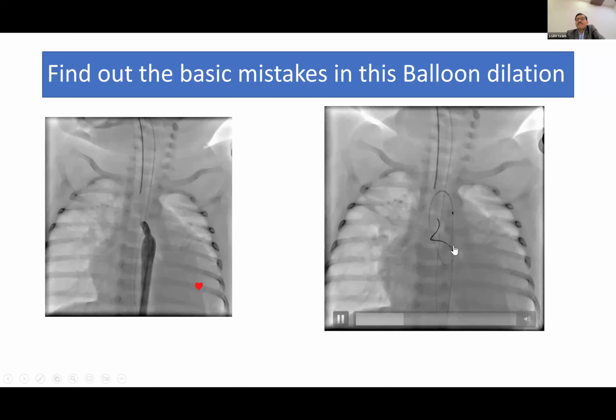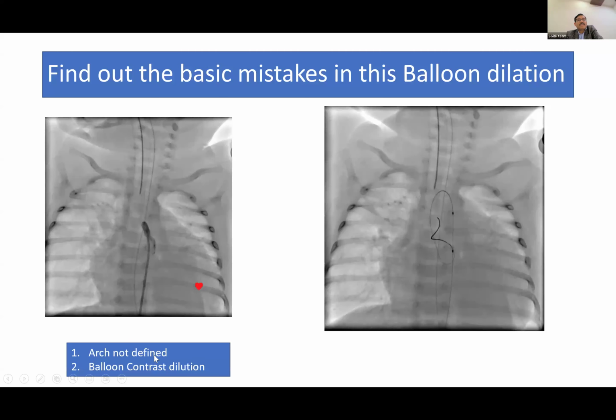And the contrast dilution is too much, so I'm not sure what is happening here. You should try to define the arch so that you know what is expected in the next few months. And the contrast dilution should be better so that you can see the waist and you can take a call on the size of the balloon.